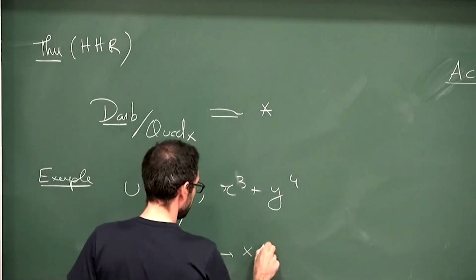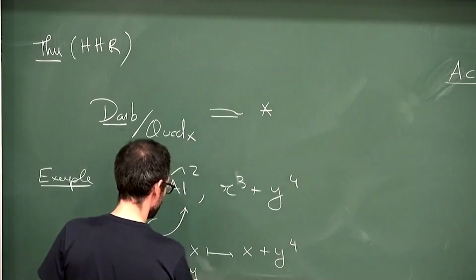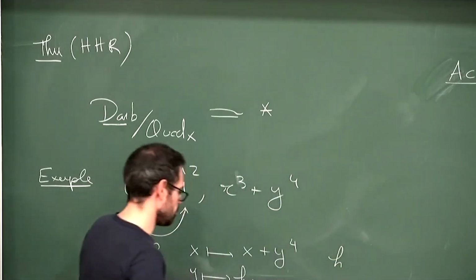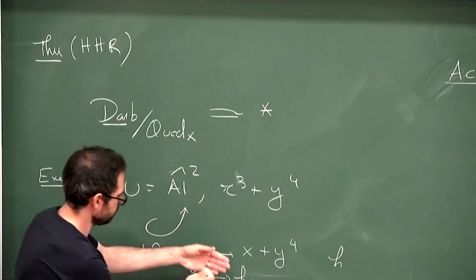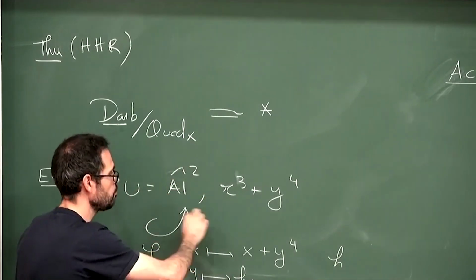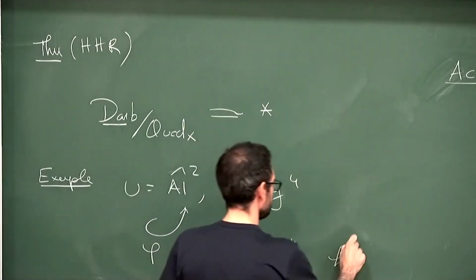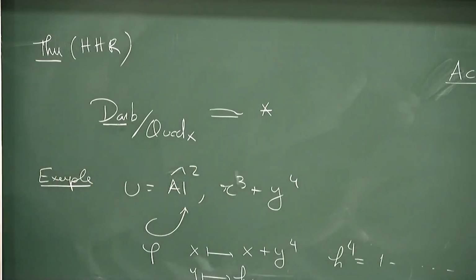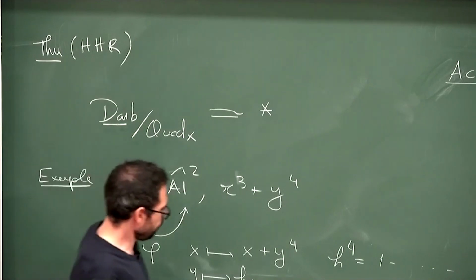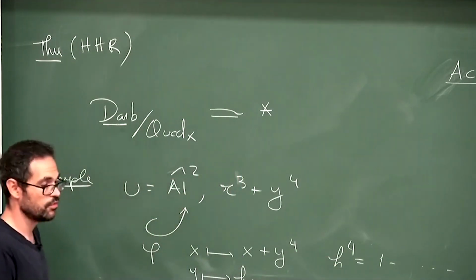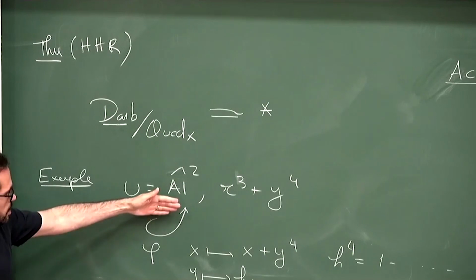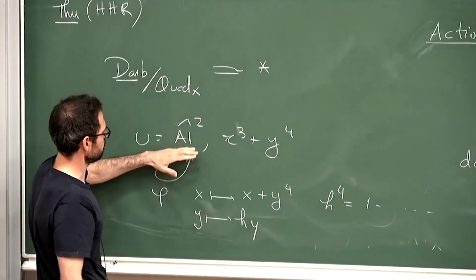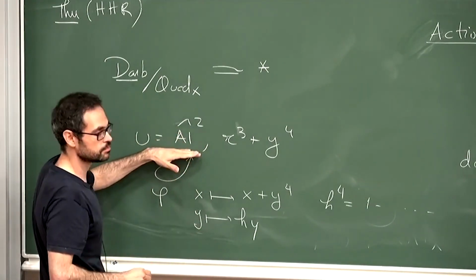It sends x to x plus y to the fourth, and sends y to hy, where h is whatever you get when you try to make this automorphism preserve the function. So there is a condition: h to the fourth equals 1 minus a bunch of stuff. If you fix h correctly, then you get an automorphism. And this is not the identity in this case. It's not coming from an element in ON.